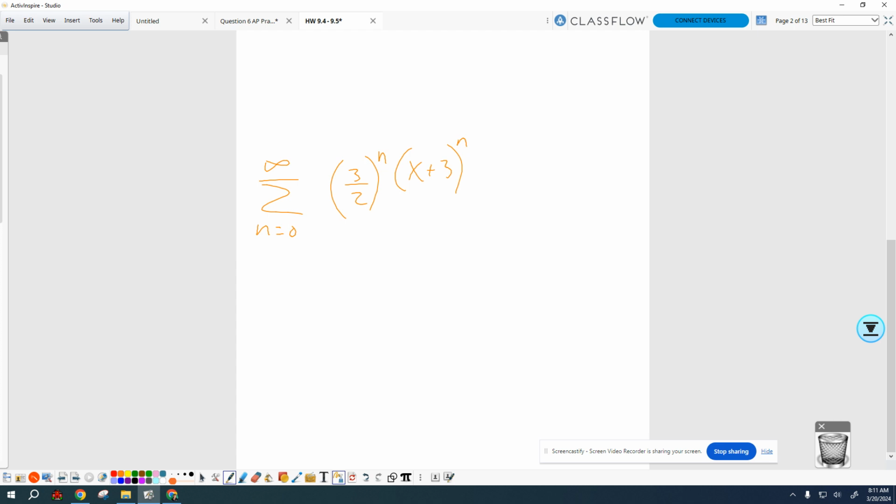So could we use the nth term test and say that it equals x plus 3 and then put that into the interval? I would do with power series, the ratio test first and then check stuff. Okay.